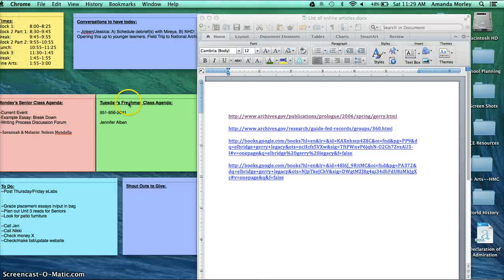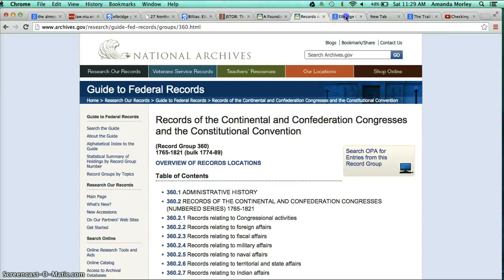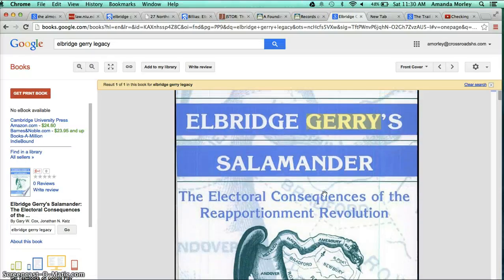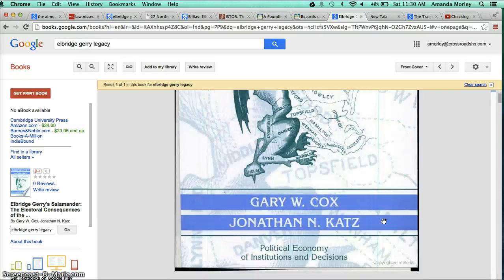Let's see, what else did I find? I also found some books. Google Books, if you find them in Google Scholar, are really great. These are two books I found. They have a lot. Elbridge Gerry's Salamander, The Electoral Consequences of the Reapportionment Revolution. Ooh, what gerrymandering is.